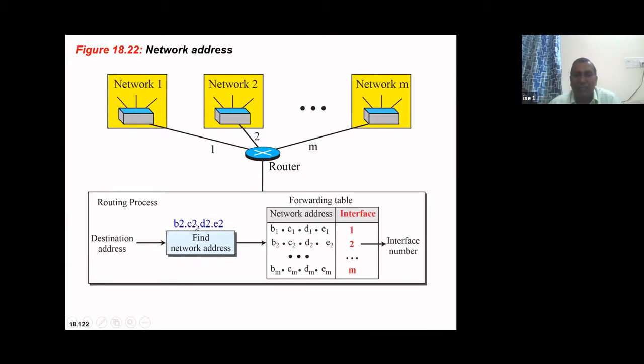We are not bothered about where it came from. It knows from the forwarding table through which interface the packet will be sent. Interface means connectivity. This packet, which has arrived containing the destination address, will have to be moved to interface 2, which is connecting network 2. This is how it is happening.